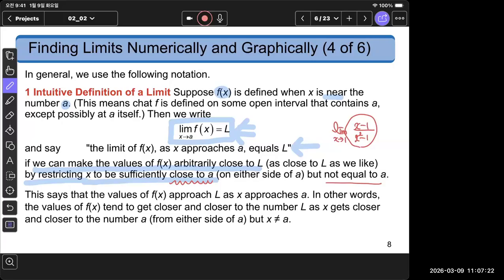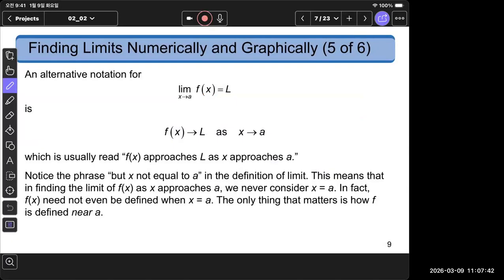We let x approach 1 as close as we want. So in the definition of a limit, x is approaching a, but x does not reach a. So please be careful.